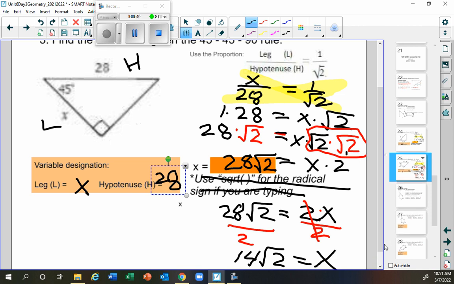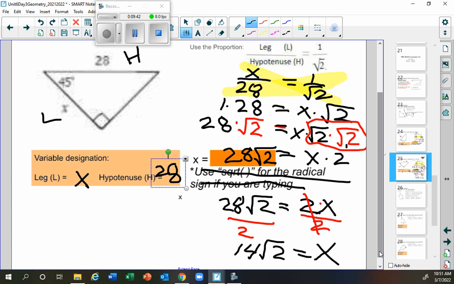Do we have anything else after that? That's it, we stop right here. So the leg is 14 times square root of 2. That's it for that problem. Any questions on this one?